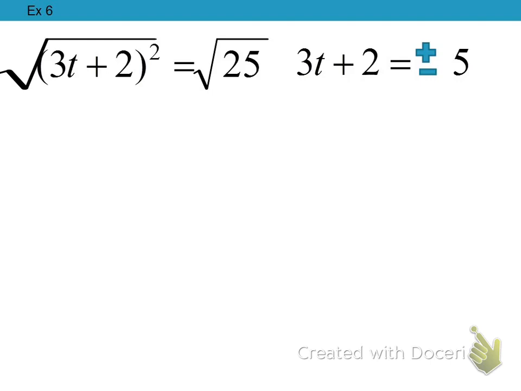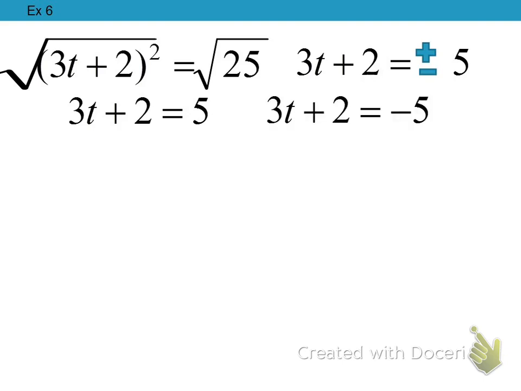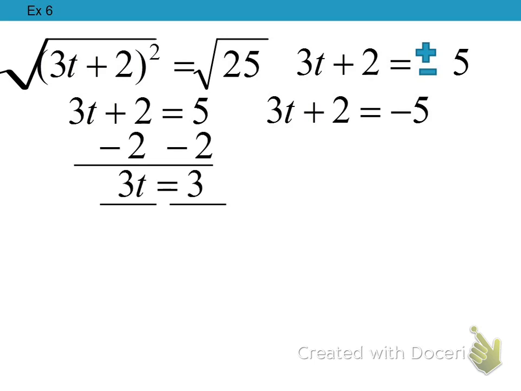All right, so now here's where you can break it up into two separate equations. 3t plus 2 equals 5. 3t plus 2 equals -5. This will give you two different solutions. So both of these equations, you're going to start by subtracting 2 and then dividing by 3.